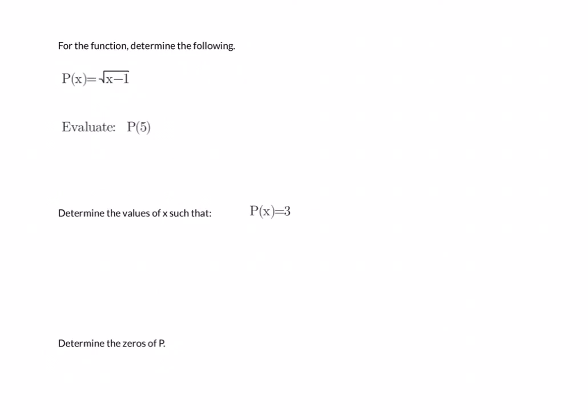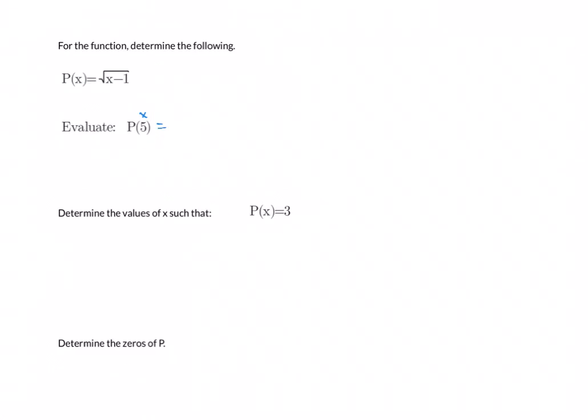Let's go ahead and look at p of x equals the square root of x minus 1. Now we will explore this later this semester. You won't see this in any of your homework problems right now, but we will see it later on, so I just want to mix it up a little bit and show something a little bit different than linear equations. So the first thing we have is p of 5. Remember that means since my 5 is inside my parentheses, my x is a 5.